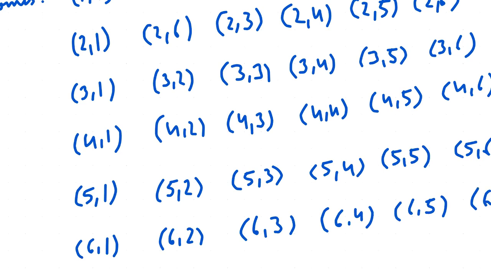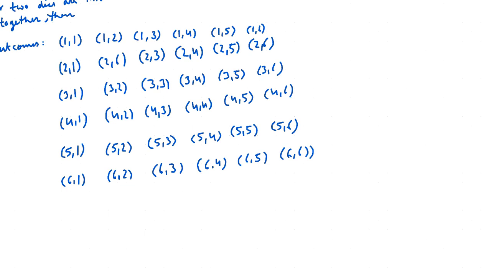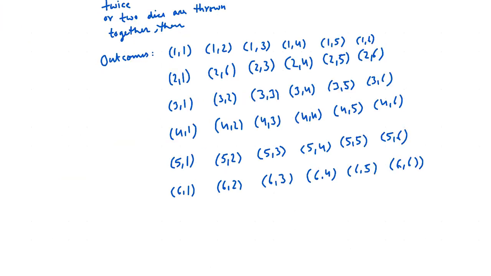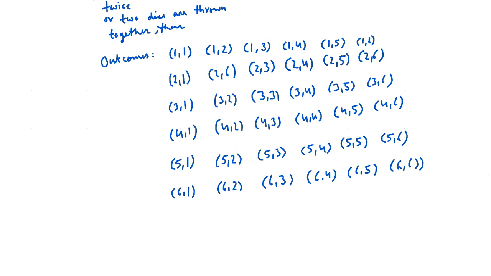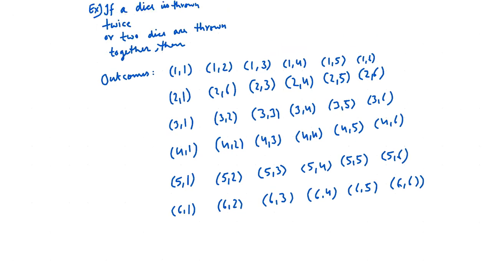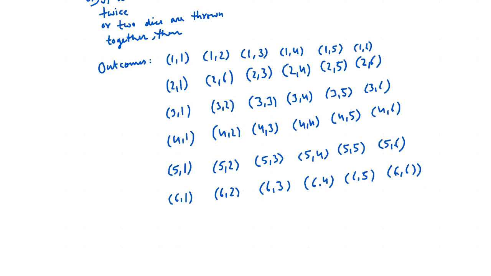These are total 36 outcomes when we toss a dice twice, or if we throw two dice. So they'll ask you a question like this: find the sum.